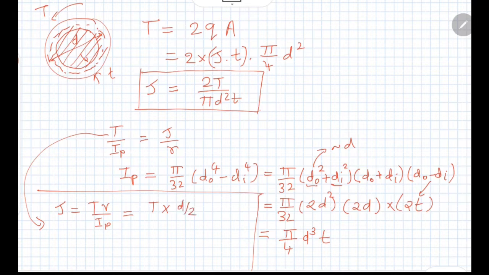So we are considering R as d by 2, and we are having pi by 4 d cube t. So we obtain the equation as 2T divided by pi d square t. So as you can see, the equation that we got exactly matches with the one which we obtained earlier using the thin box section theory.